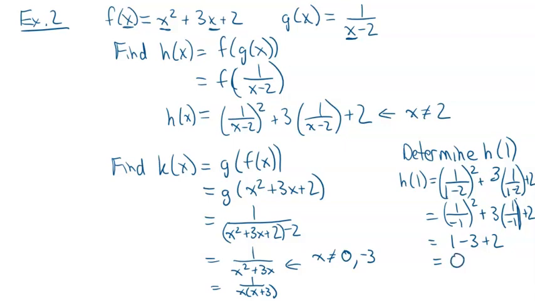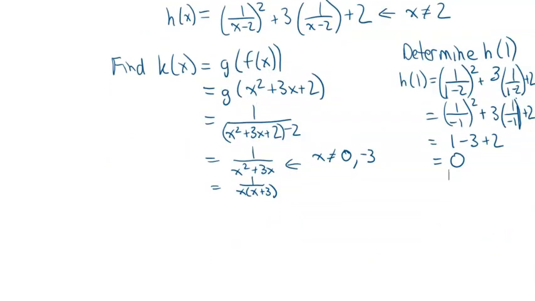Alternatively, you could do it the same way we did it earlier. So let me go down a little bit and show you what that would look like. If I said h of 1 is equal to f of g of 1, well, what was g of x? G of x was 1 over x minus 2. So you could go f of 1 over 1 minus 2.